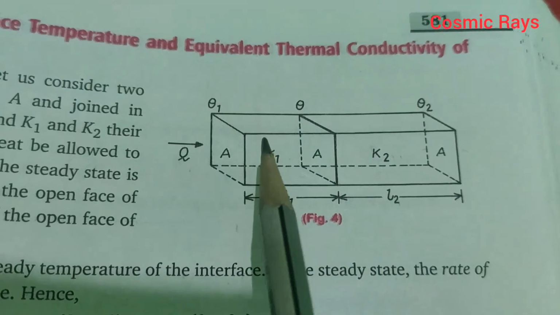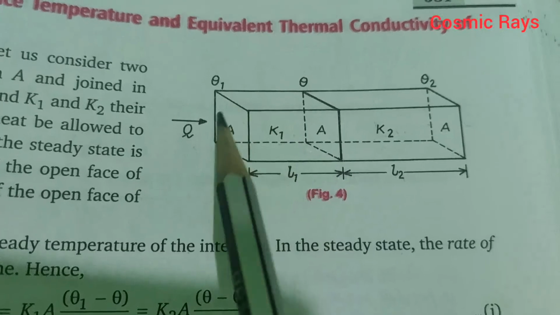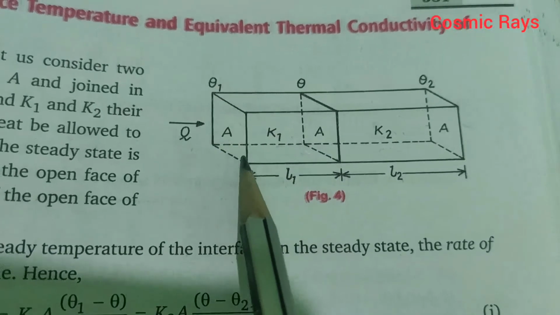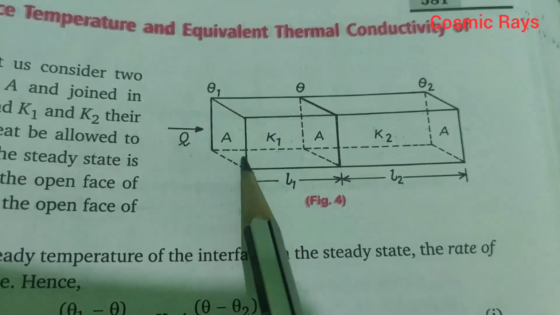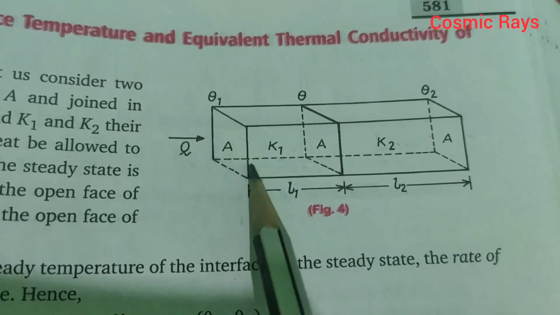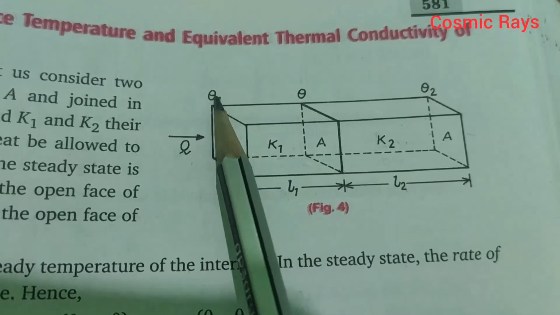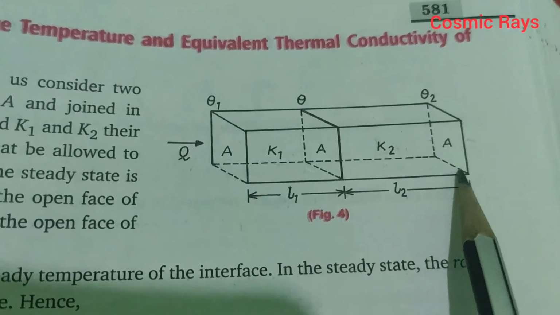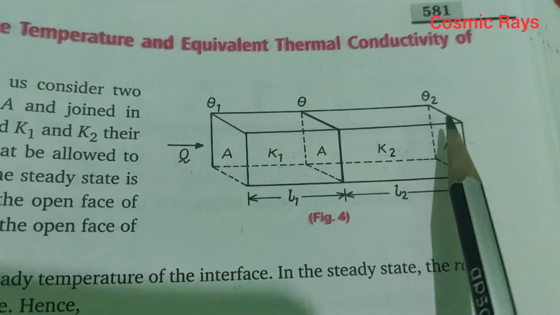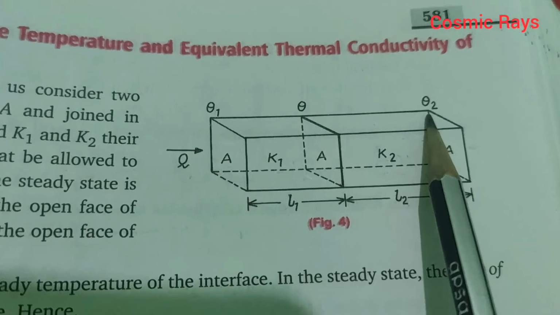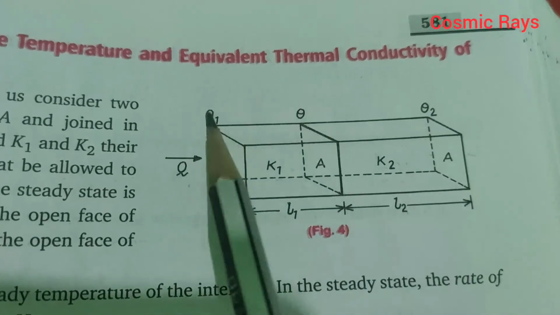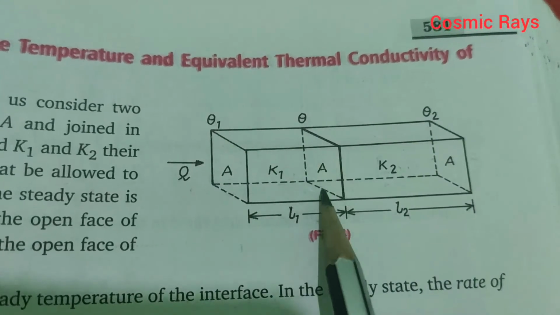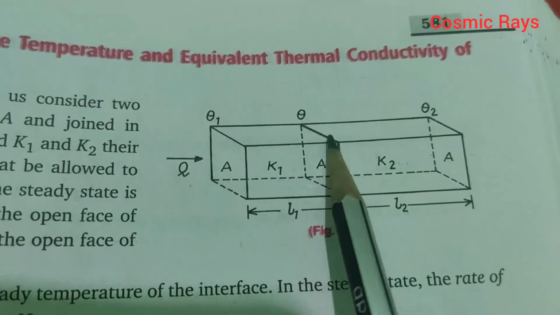After the steady state has been reached, we assume that the temperature at the first open face is theta 1, which is the higher temperature, and at the second open face is theta 2, which is lower than theta 1, and theta is the temperature at the interface joining the two slabs.